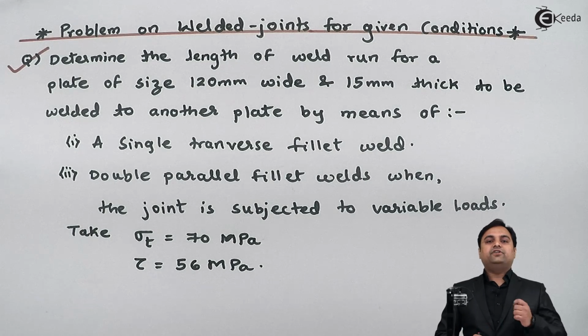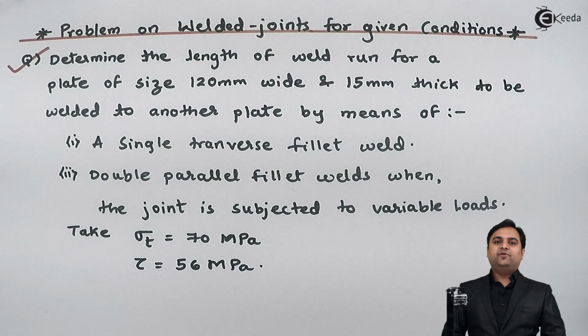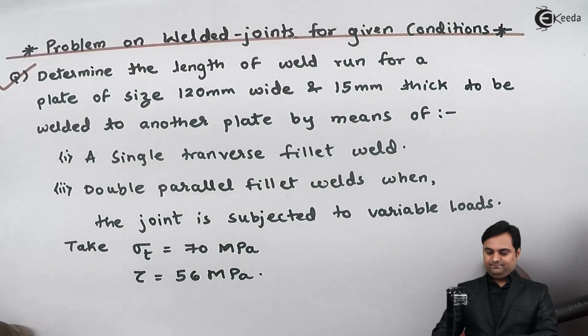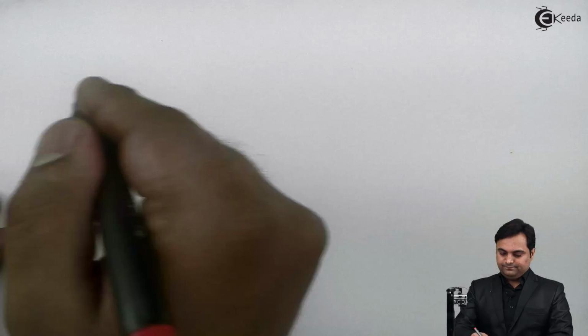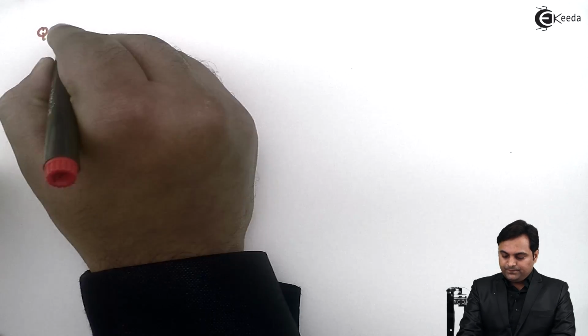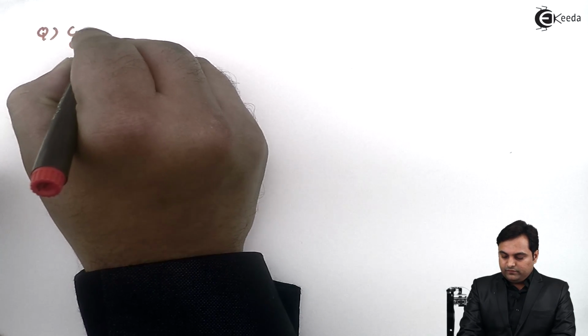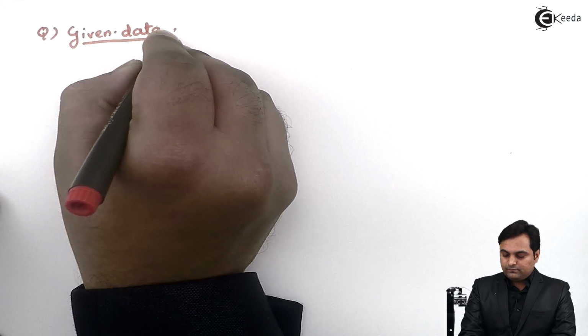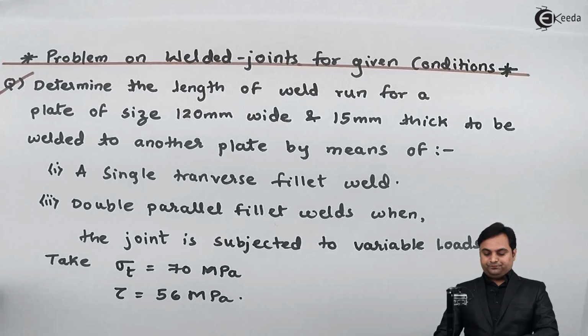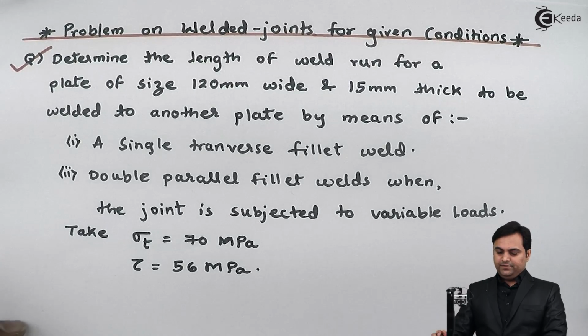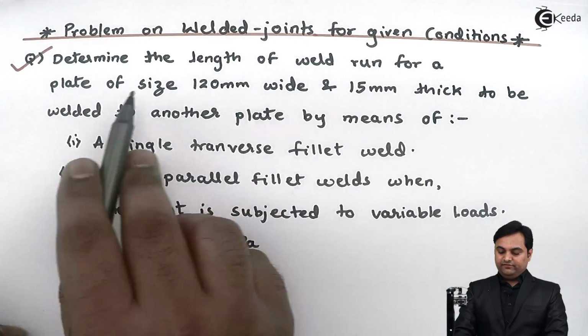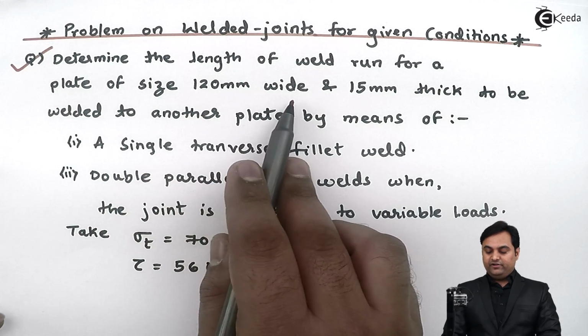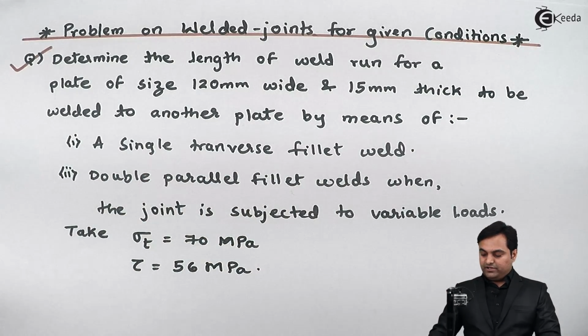Whatever is given here, first we need to write that in the form of data. So for this question we need to write the data. Now I'll read whatever is given here again. Determine the length of weld run for a plate of size 120 mm wide and 15 mm thick.